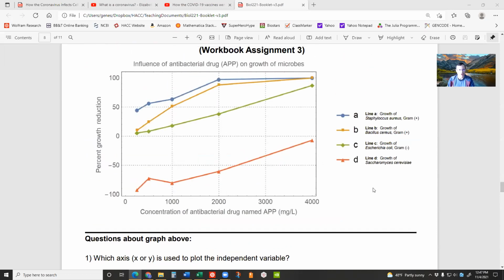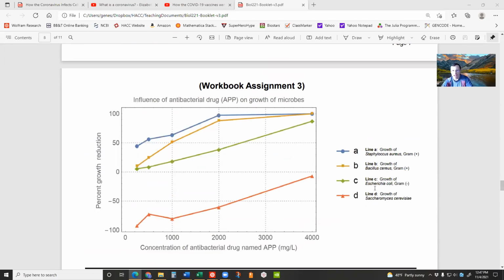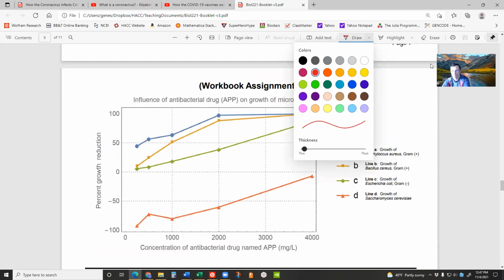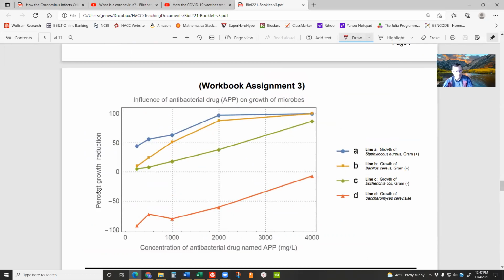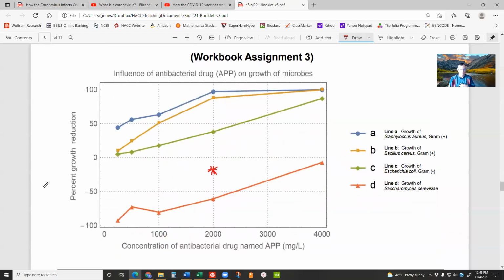Okay, so I'm going to draw an asterisk on the screen at that coordinate. And that coordinate would be roughly here. Okay, roughly here. Hopefully you can see that okay.